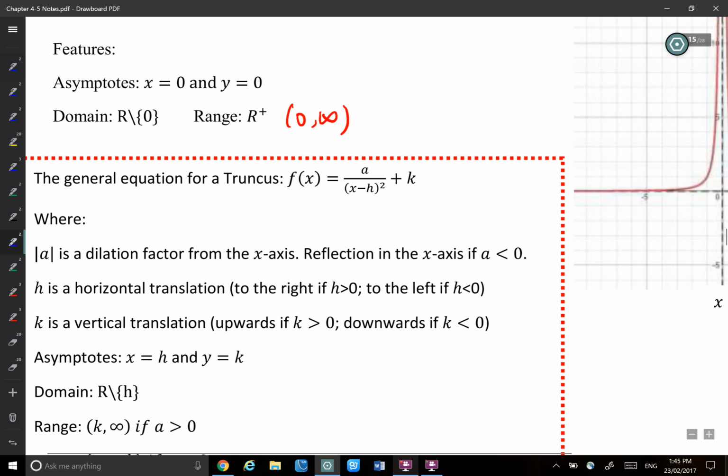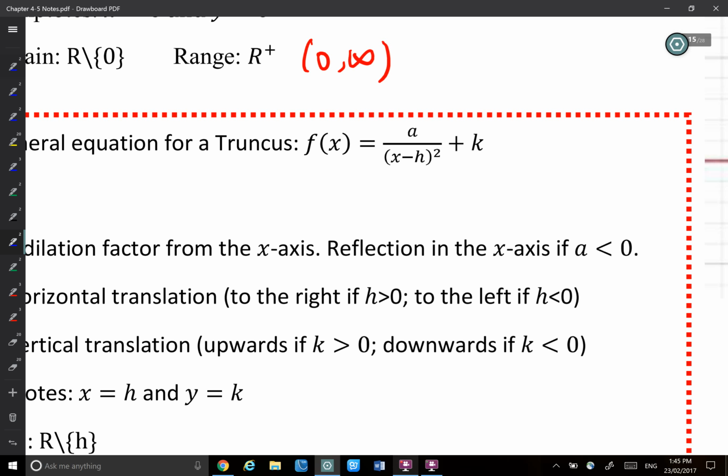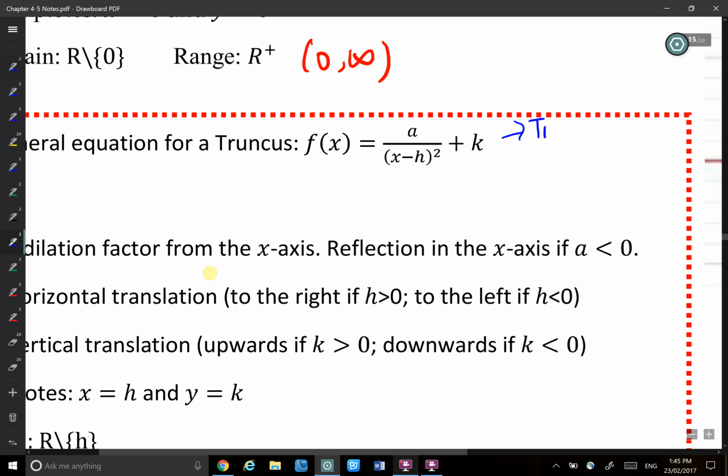But one thing you need to understand, this equation, 1 a over (x minus h) whole thing squared plus k, that is a truncus. But if you have g(x) equals a over x squared minus h plus k, this is not a truncus.